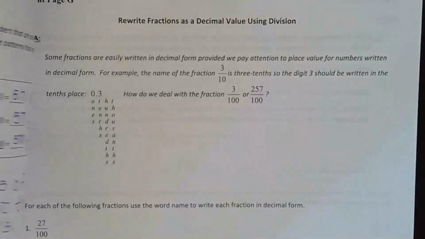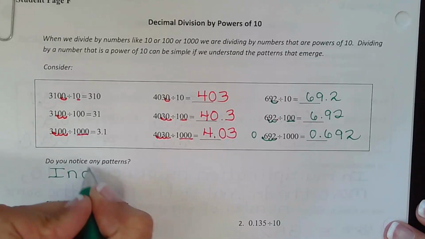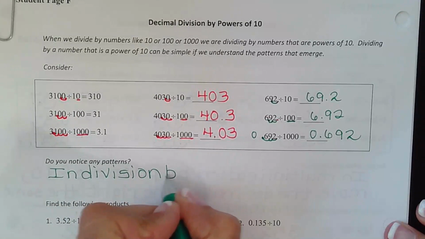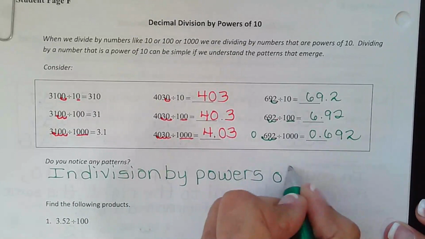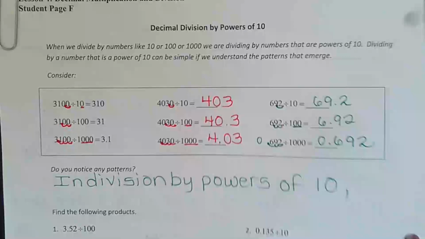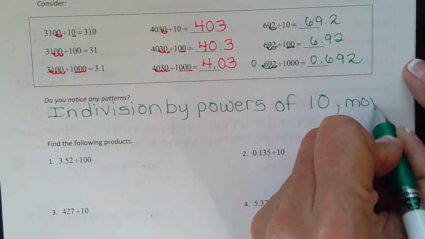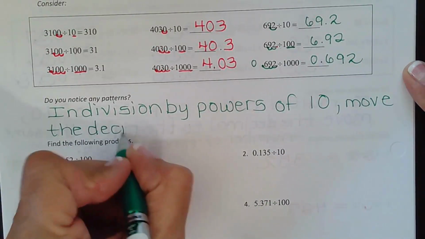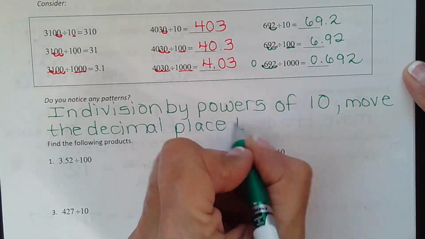So in division by powers of 10, move the decimal place to the left instead of the right.